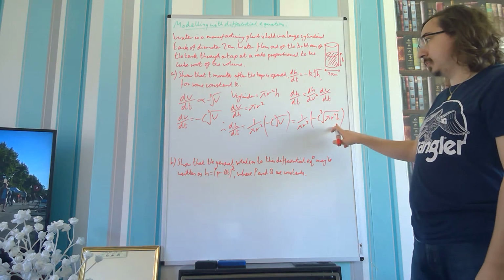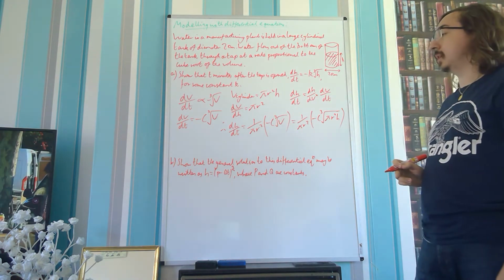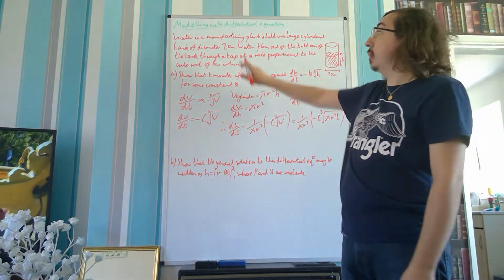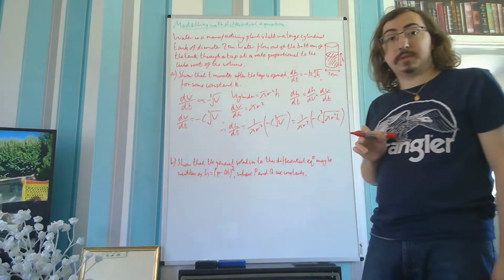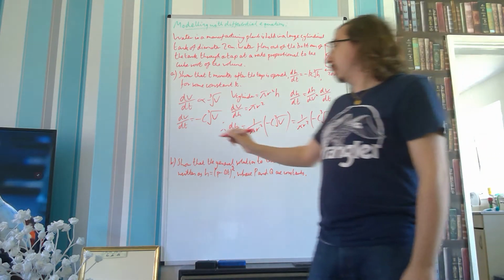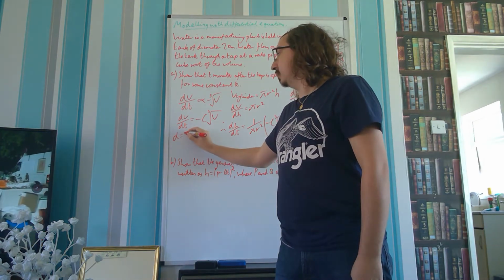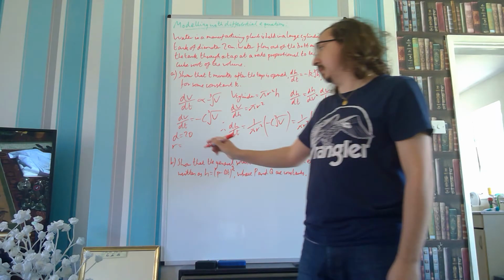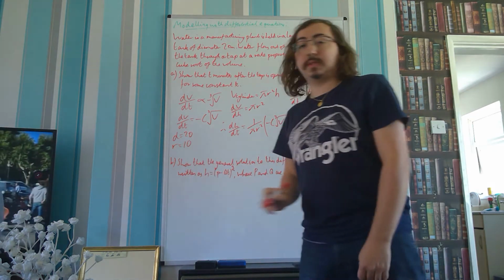Now, this is going to be an expression for dh by dt, but actually in this problem we are given another value, which is for the diameter of the tank. The diameter is 20 metres. So we can use that to help us, because actually we can get a value for the radius of the tank, which is 10.